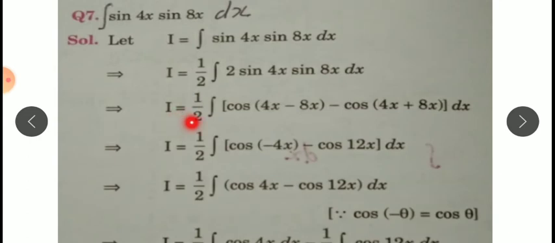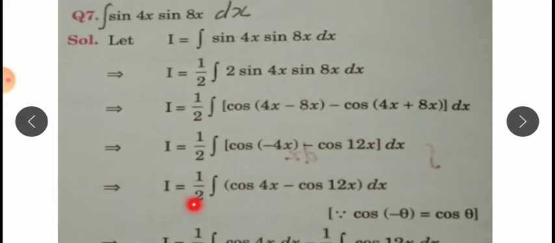Here I is equal to 1 upon 2 integration (cos (A minus B) minus cos (A plus B)). The value of A is 4x, the value of B is 8x. A plus B means 4x plus 8x. I is equal to 1 upon 2 integration (cos (4x minus 8x), meaning minus 4x, minus cos (4x plus 8x), meaning 12x).